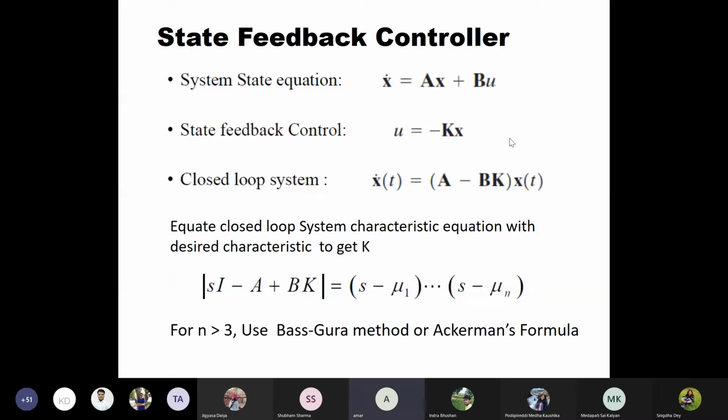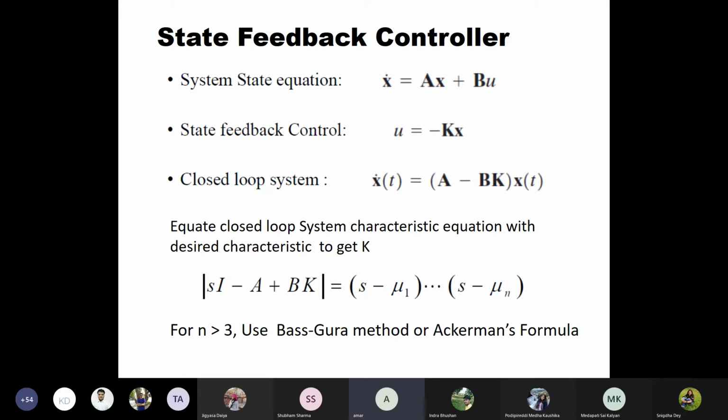So as I discussed in my last classes, for designing of the state feedback controller for a particular process, which is based on the state space model of the process. If we recapitulate the design, the state space model consists of two equations.